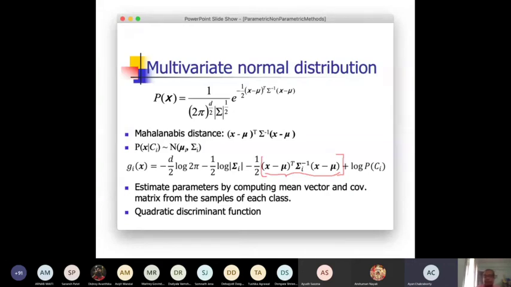Can you see the slide? Yes, the multivariate normal distribution, the quadratic discriminant function is the last line that is coming. Yeah, I'm drawing, it's there. Maybe it is delayed because of network delay.